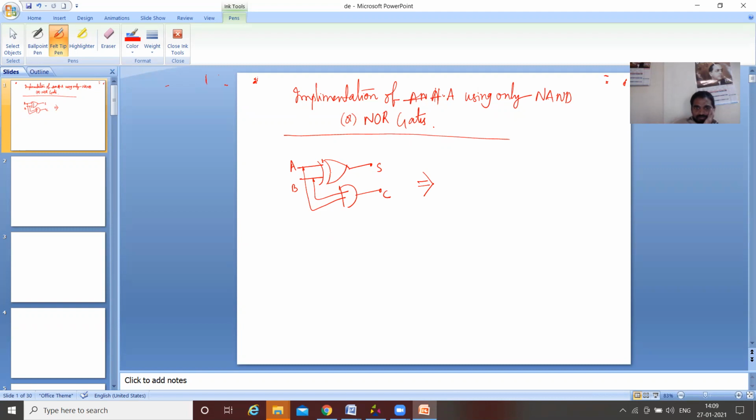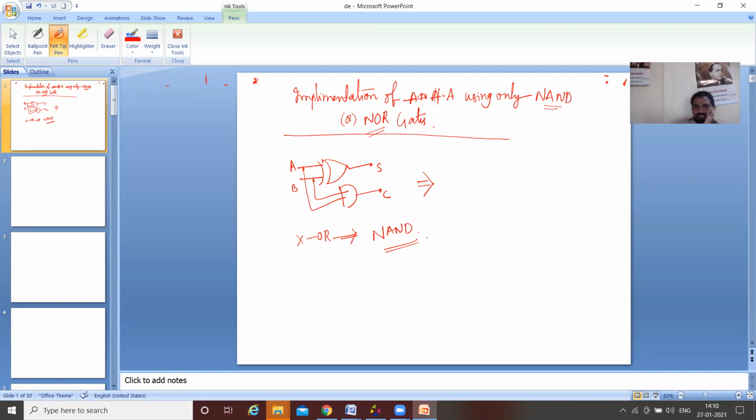Already we derived, in the first unit, how to implement this exclusive OR gate using only NAND gates. We know that NAND and NOR gates are universal gates, so any logic circuit can be implemented using only NAND gates or NOR gates.